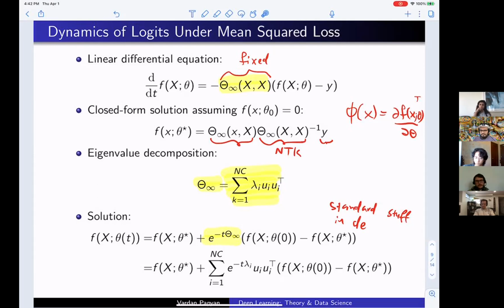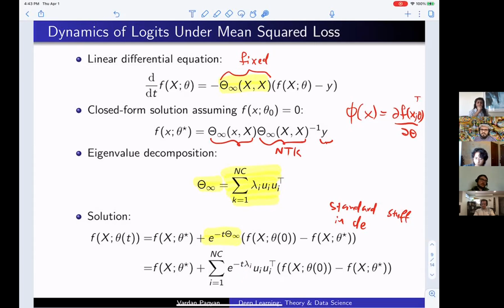By the way, notice that because theta is a positive semi-definite matrix, all eigenvalues are positive. And so here you just have e to the minus t, which is a positive number, times a positive lambda, right? So everything converges exponentially fast to 0, but the bigger the lambda, the faster you converge.